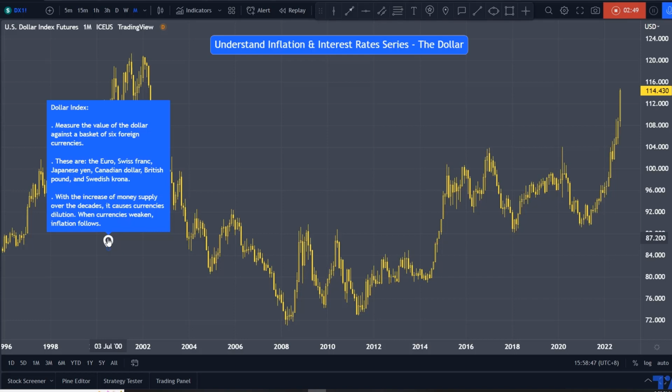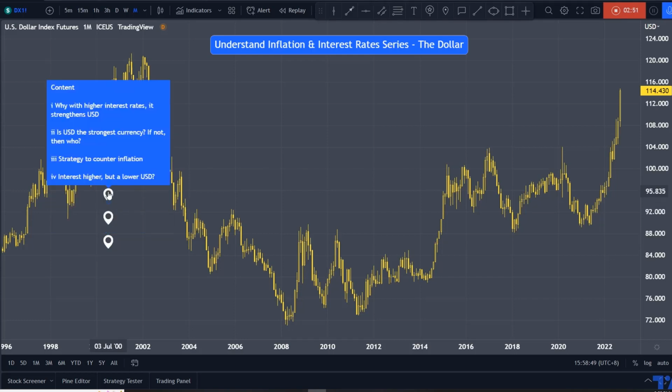Now let's move on to the first part of the discussion today: why higher interest rates strengthen the US dollars. That will lead us to the rest of the key points later on. Being a Singaporean, of course, naturally I'll be holding Singapore dollars. But because the Fed has increased the US interest rate, it makes the US dollar savings fixed deposit rate really attractive.